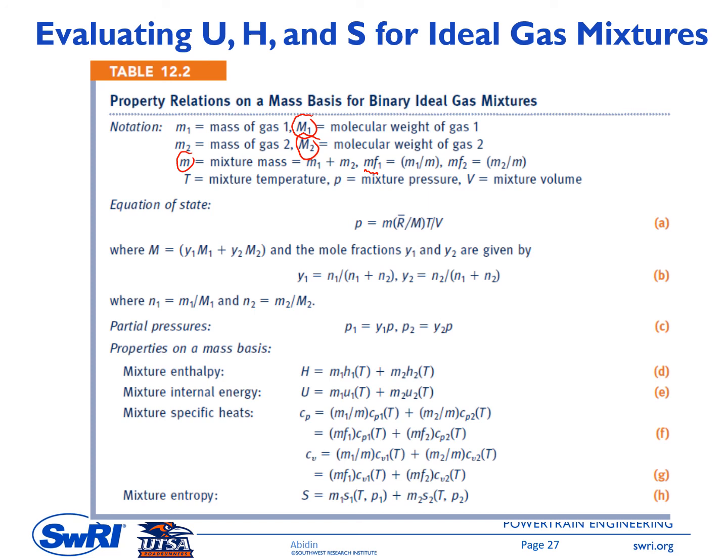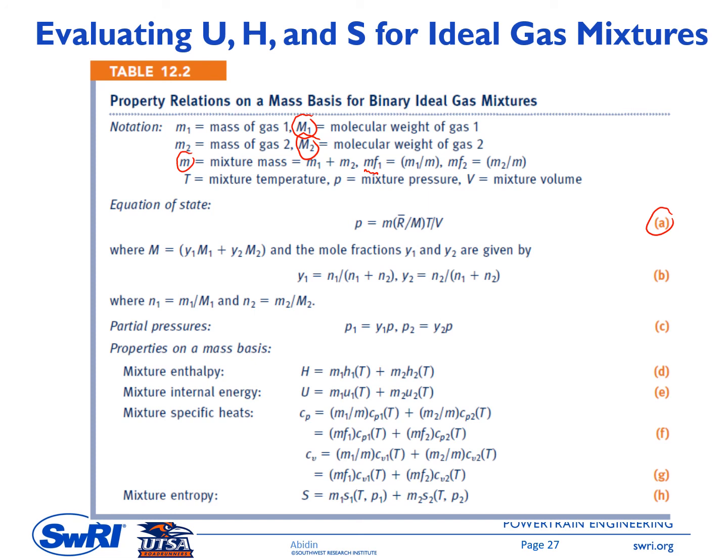For this binary gas mixture, we have equations of state here. Equation A: P is the mixture pressure, and m is the total mass of the binary mixture, and R bar here is the universal gas constant, and then T and V are the temperature and volume respectively.